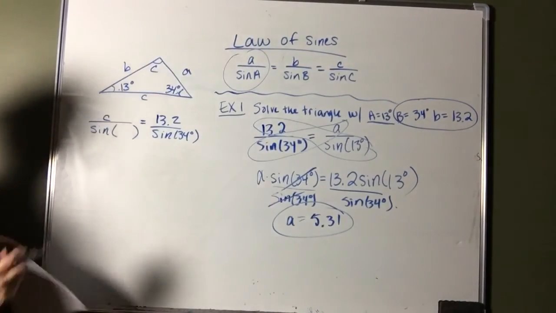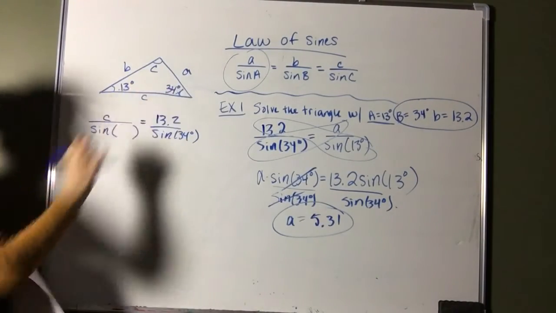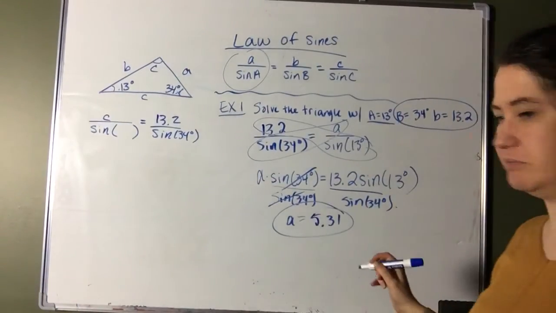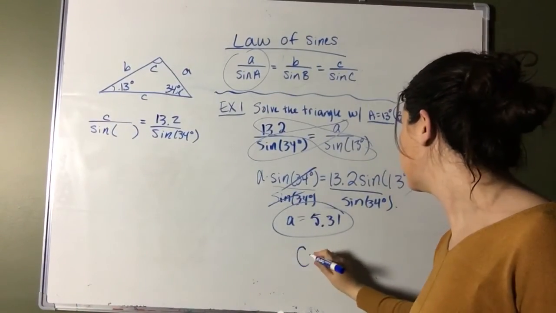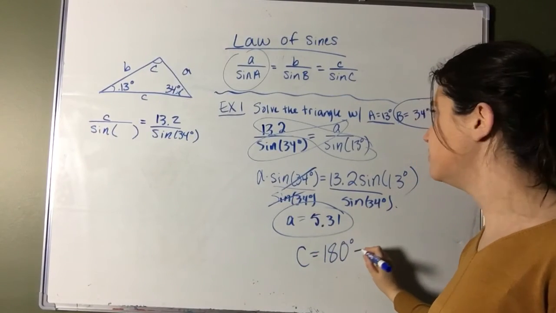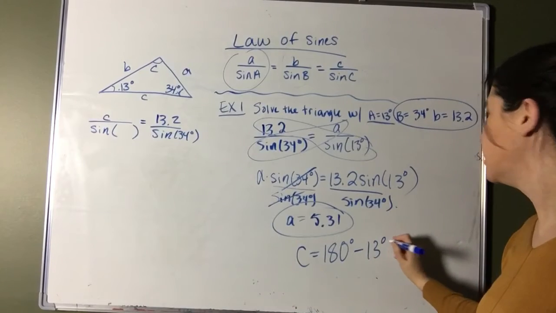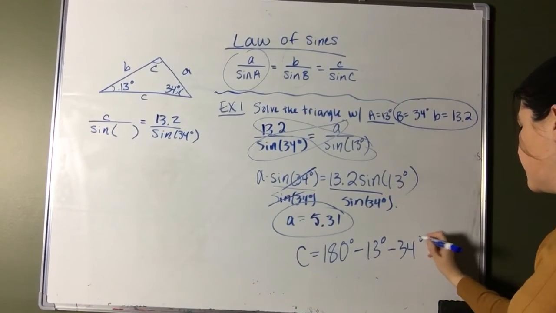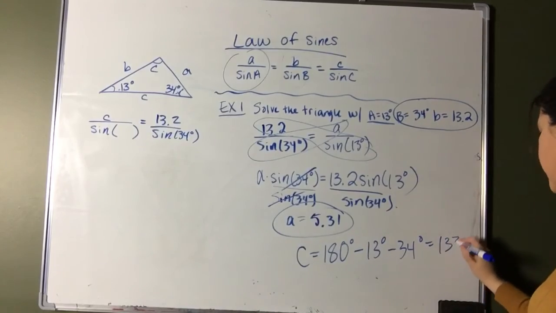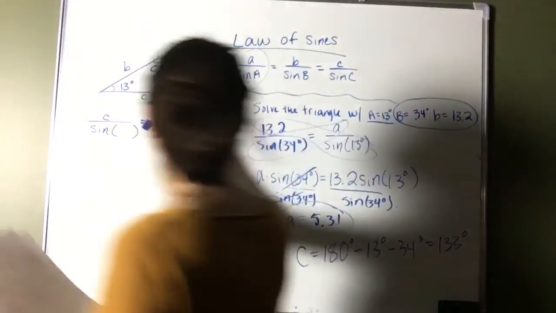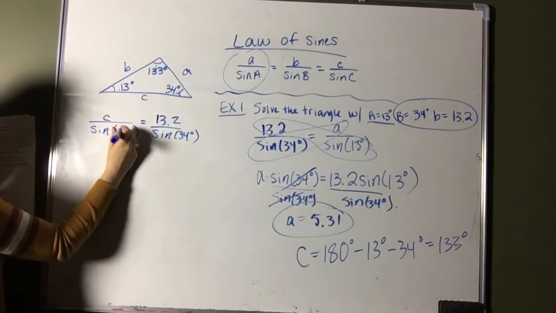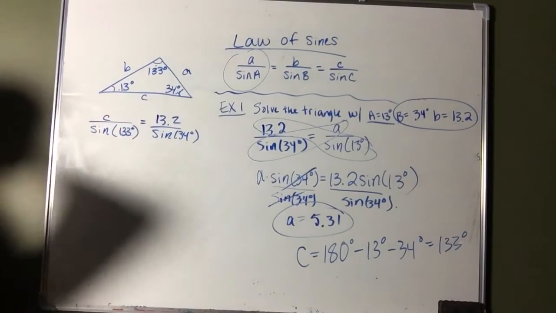We're going to subtract these from 180 because the angles in a triangle always add up to 180. So angle C is going to be 180 minus the 13 minus the 34, which is 133. So this is 133 degrees here.